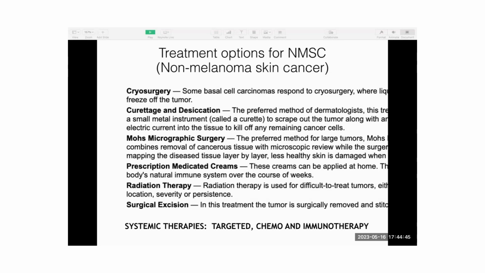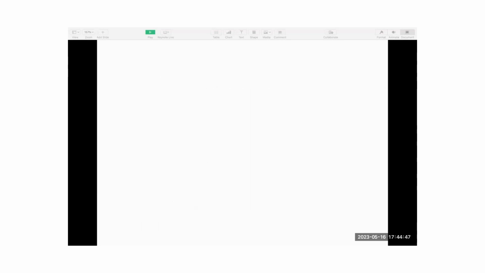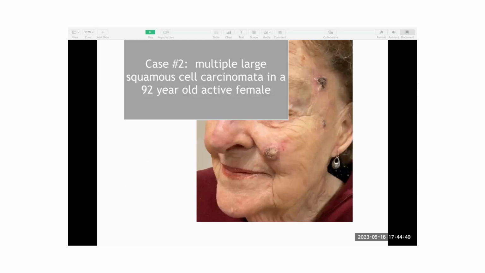Okay, so this is my example patient. She is 92, but very active, very healthy. And I think it was her primary care center that sent her to an oncologist who wanted to start her on chemotherapy and infusions for these multiple skin cancers.